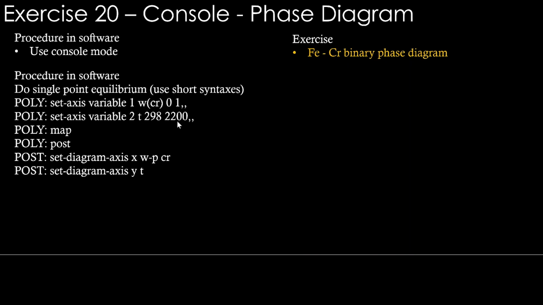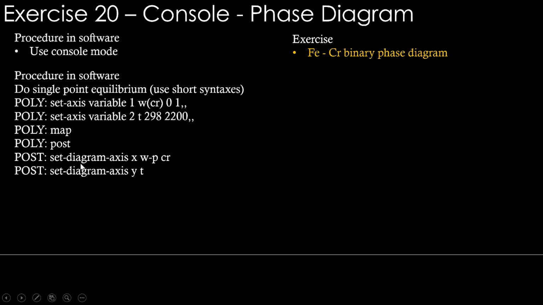Once that is done, at those combinations of compositions and temperatures, it will treat each as a single point. We have defined a single point using composition and temperature. It will treat it like that, and then do the equilibrium calculation. Since it does the equilibrium calculation for all those combinations, we call it mapping. And once mapping is over, we can go to the post module.